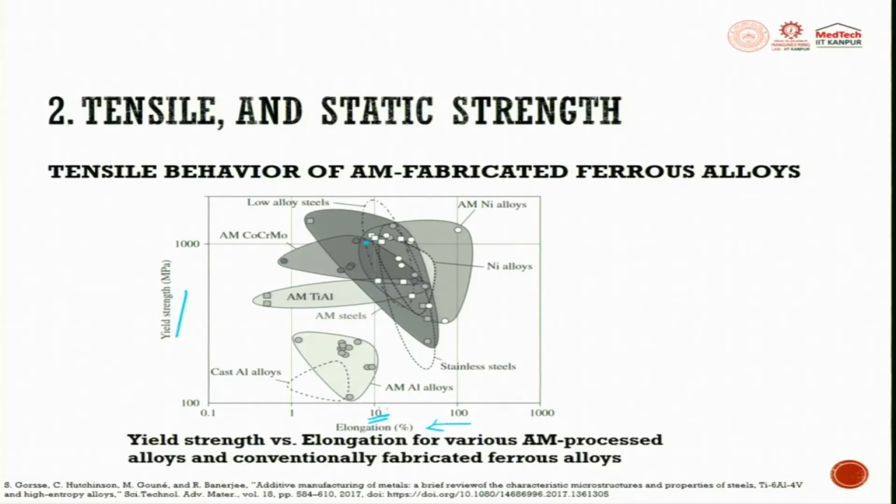In the same way you can see additive manufactured aluminum alloys, titanium aluminum alloys. This is aluminum, additive manufacture of steel, cobalt chrome molybdenum alloy, nickel alloys. Nickel alloys give elongation of 100% and around 1000. So, today you can tailor make the parts to meet this requirement by using additive manufacturing.